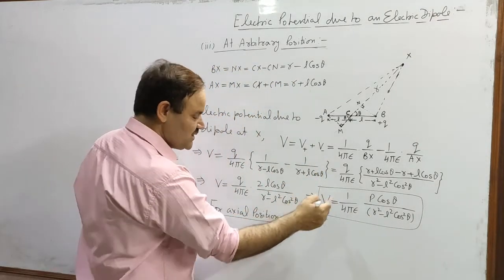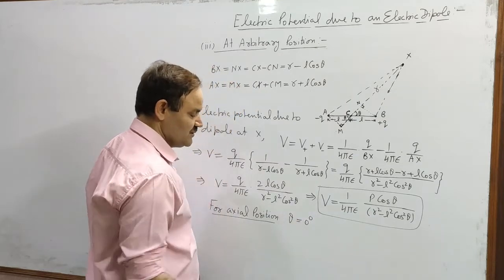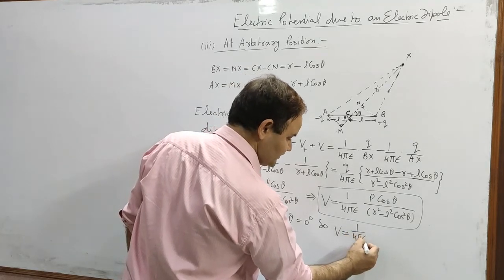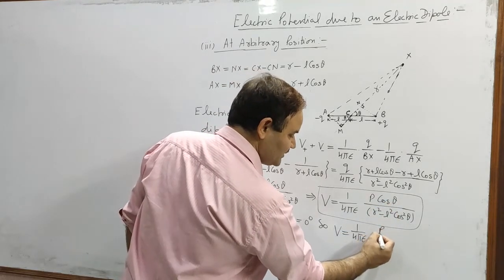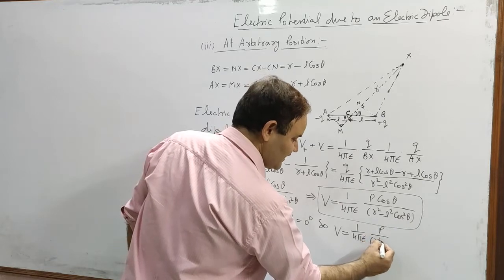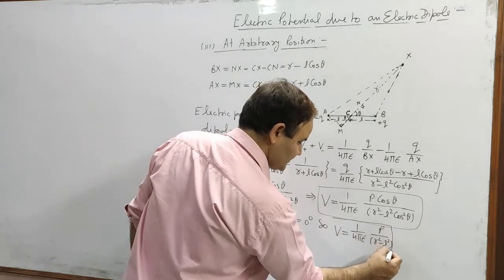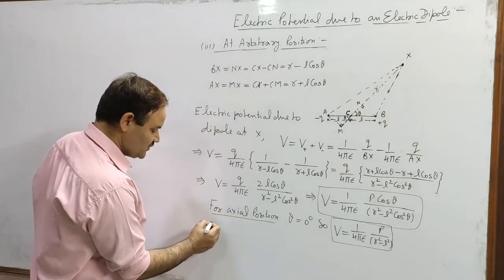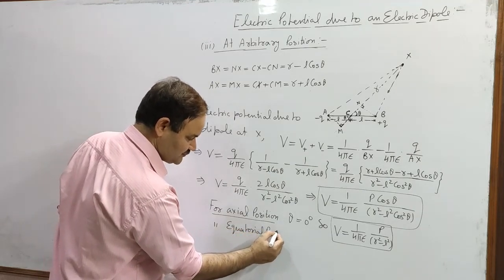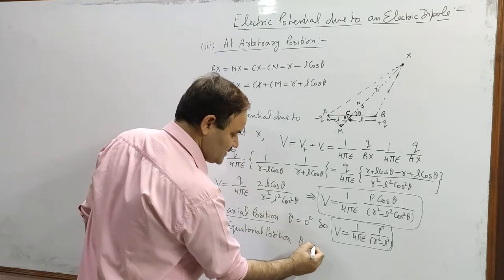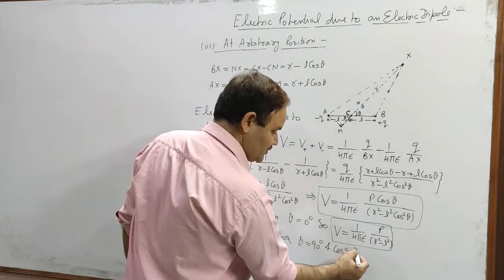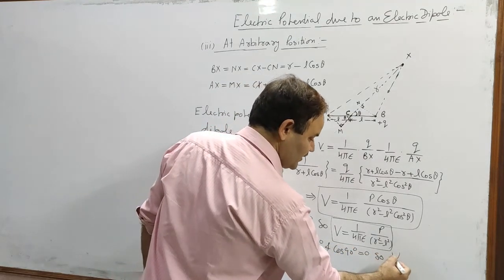Now for axial position, theta is equal to 0 degree, so V is equal to 1 over 4 pi epsilon, cos 0 is 1, so P upon again cos square 0 is 1, r square minus L square, and for equatorial position theta is equal to 90 degree and cos 90 degree is equal to 0, so V is equal to 0.